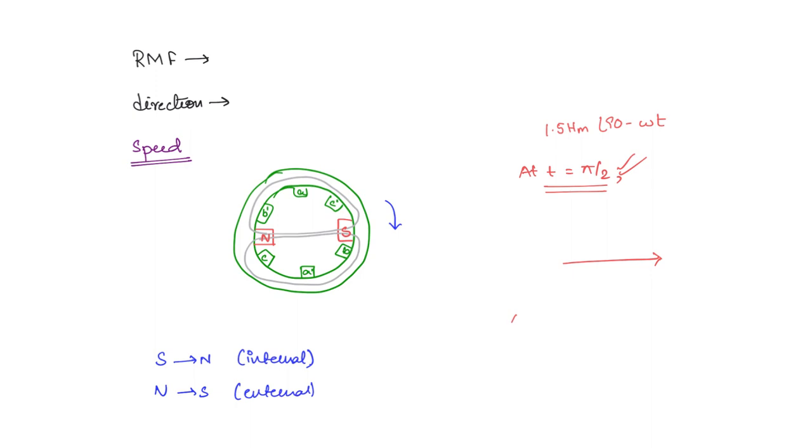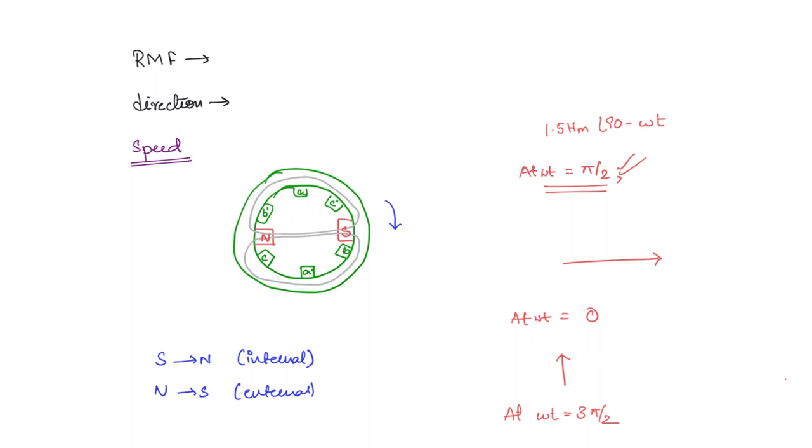If you are taking at t is equal to 0, let us say, then what will be the phase of the magnetic field? It will be in this direction, okay. So then that means that the magnetic field south pole will be here and north pole will be here. What about at omega t is equal to 3 pi by 2 radians? So this is all omega t, not just t, omega t, okay.